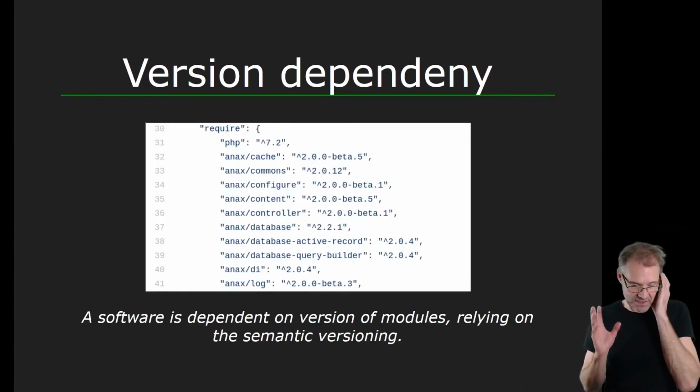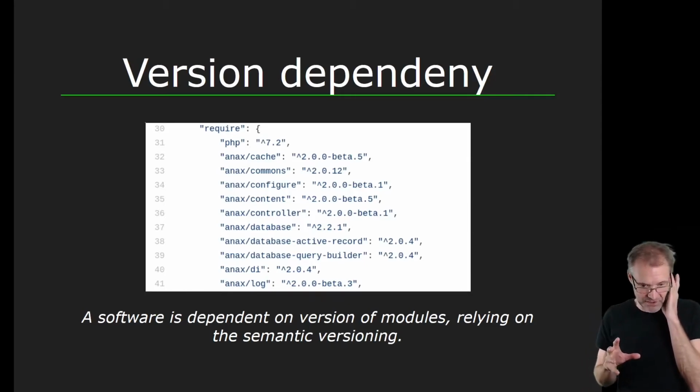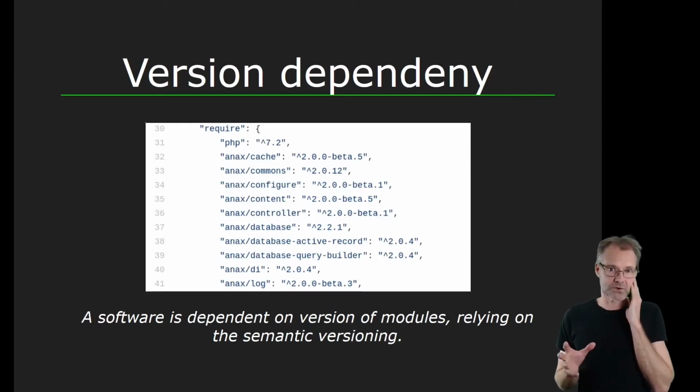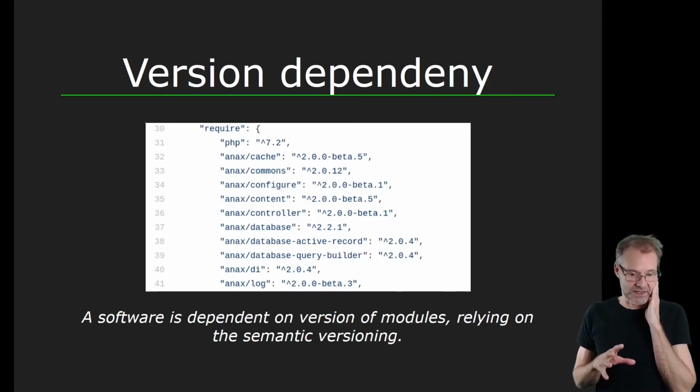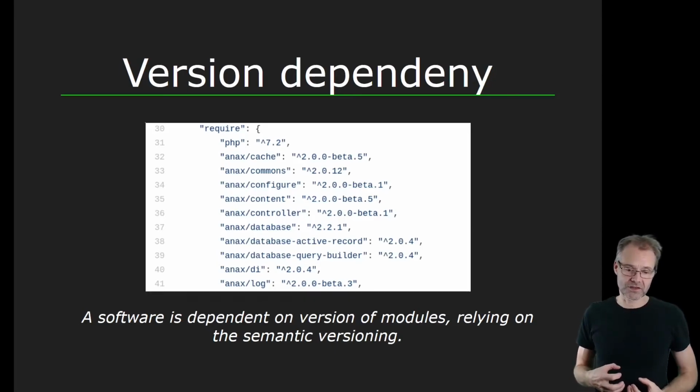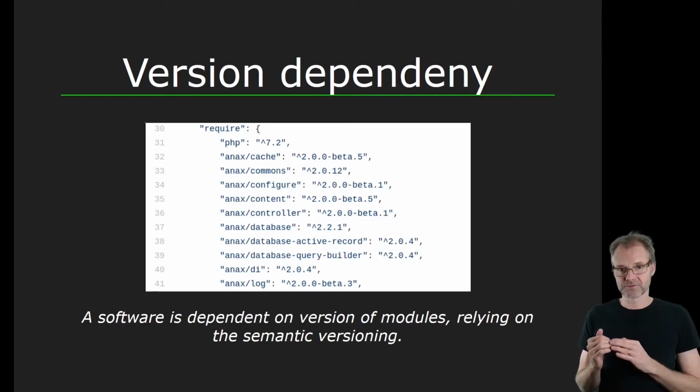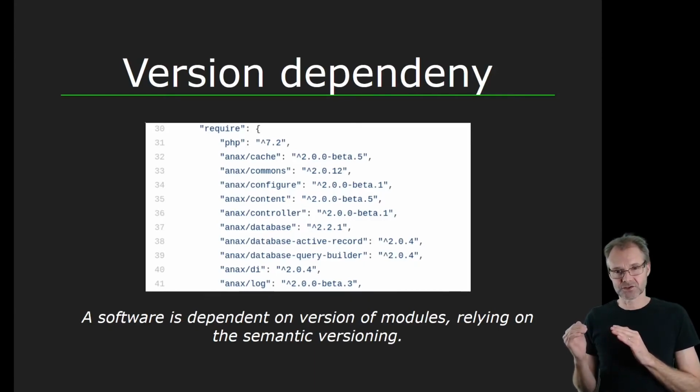So here is an example of how version dependency can work. This is one kind of software that, through its package installer, is deciding what version I'm going to use here. What is the primary version, and if there is a later version, should I use that?